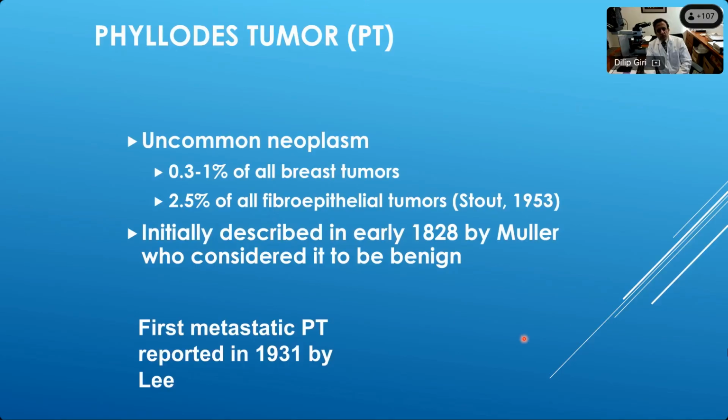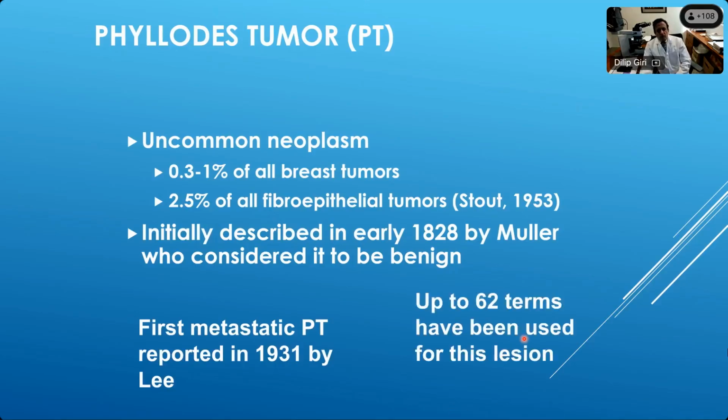Obviously, if it had been very common, you would have seen earlier descriptions of malignant Phyllodes tumor. Now, some of the early literature on this topic is confusing. If you read the older literature, you will be confused about this entity and the prognosis, because early workers used different terms to describe this one same entity. In fact, as many as 62 terms have been used to describe this same lesion, which we now call Phyllodes tumor.